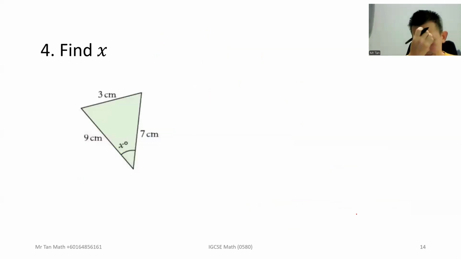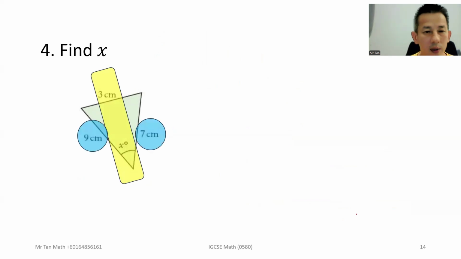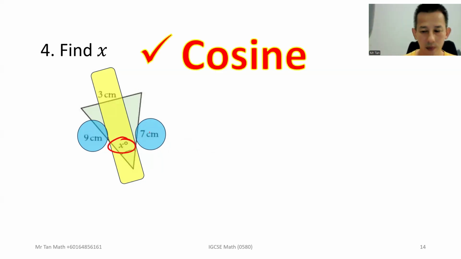Okay. Next. The diagram is given again, and you check the information: one pair, two sides, and the unknown is one of the pair. Therefore, we use the cosine rule.